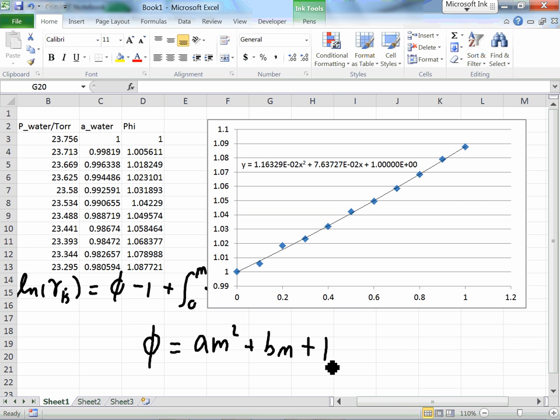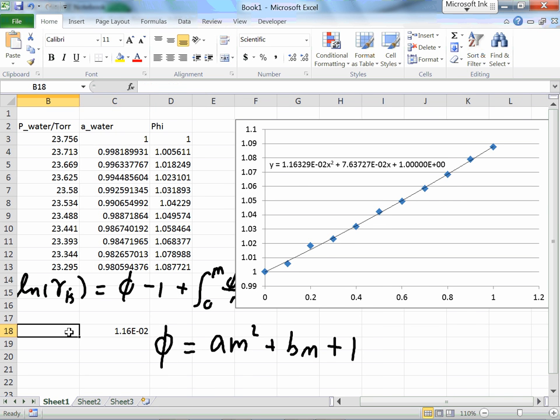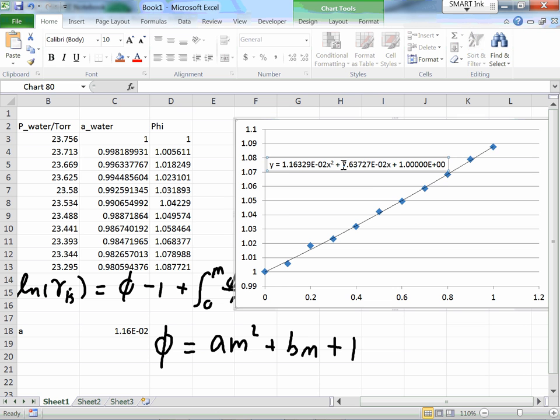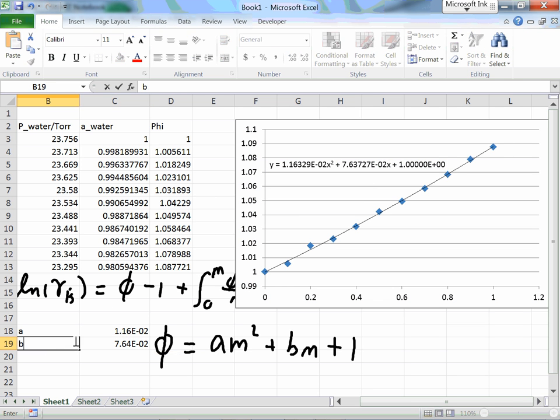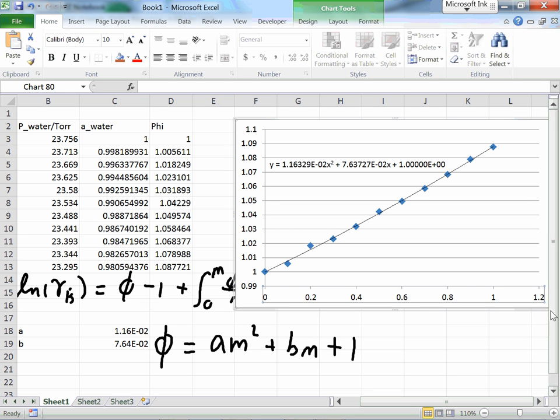What's our A here? Let me capture those numbers. Copy this number, this is my A, and my B. And my 1, no, I don't need to copy that one. So that's your phi versus molality. What do we do next?